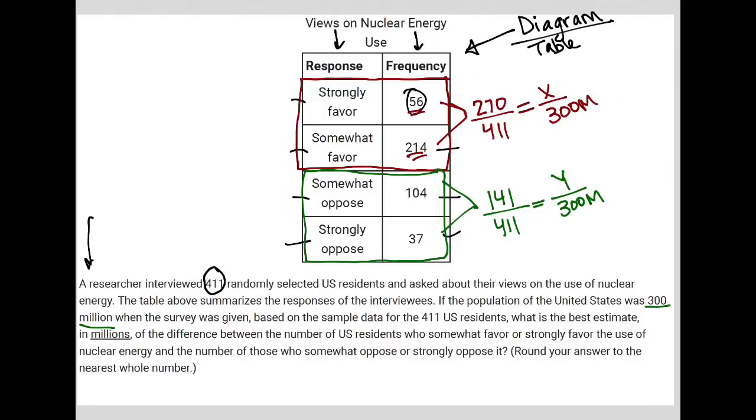Okay. All right. So then let's solve. How do we solve a proportion? Well, we cross multiply. So this would give me 411x is equal to, just go to my calculator and type all that in, 300 million times 270. And what I get is basically 81 billion.